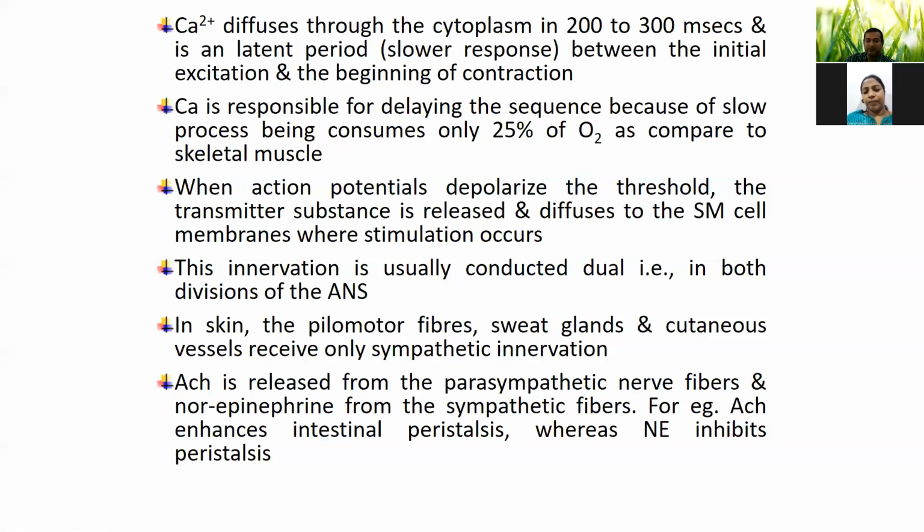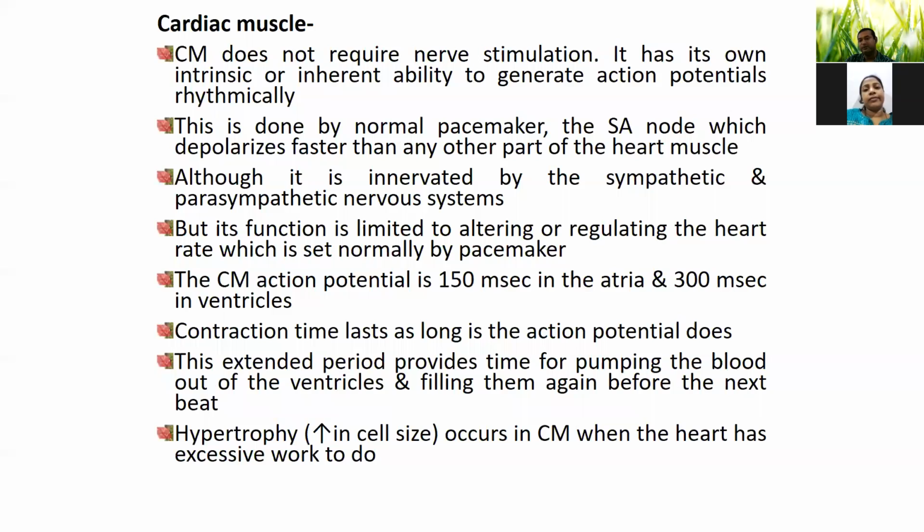So here you can see the peristalsis will be initiated by norepinephrine, that is the sympathetic, and antiperistalsis movement will be recovered by parasympathetic nerve fibers. So this is how the smooth muscle will contract or relax.